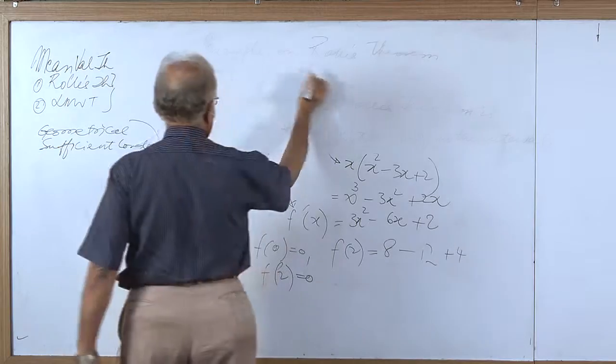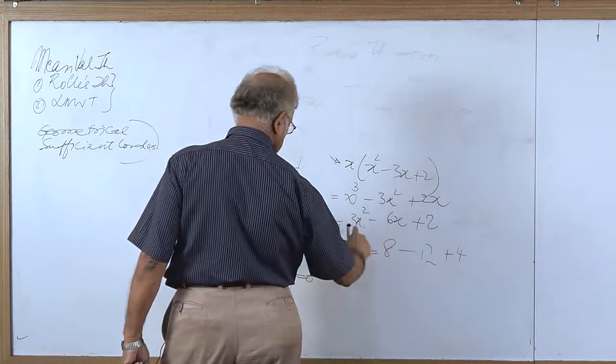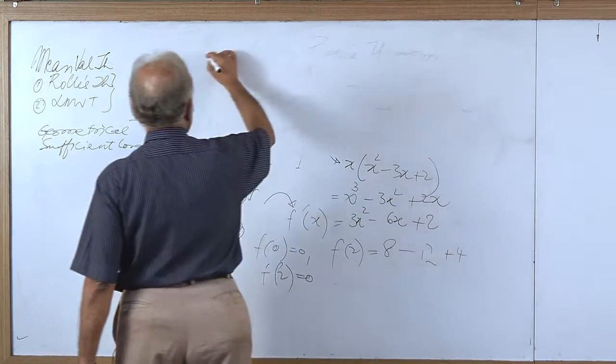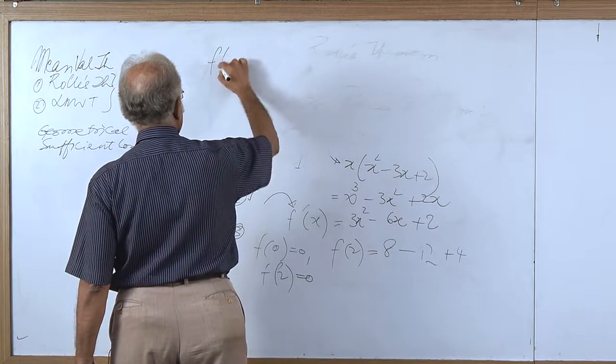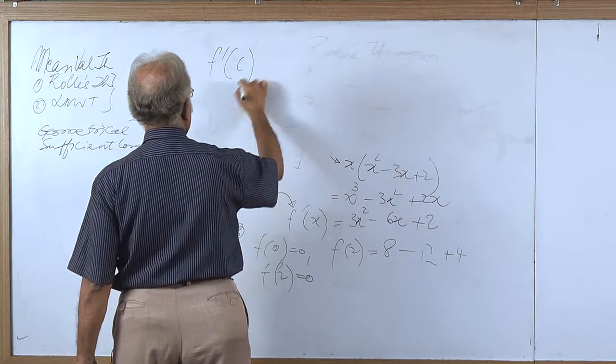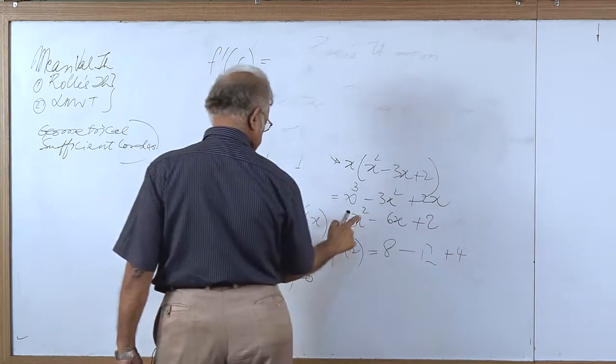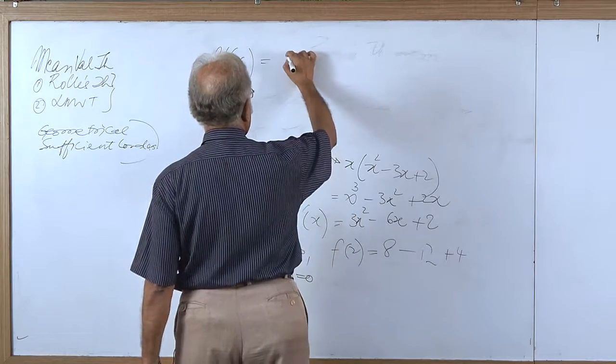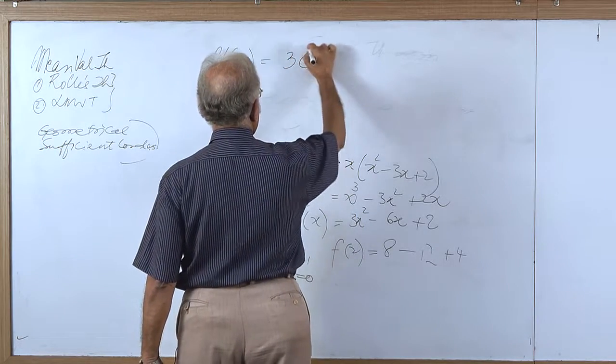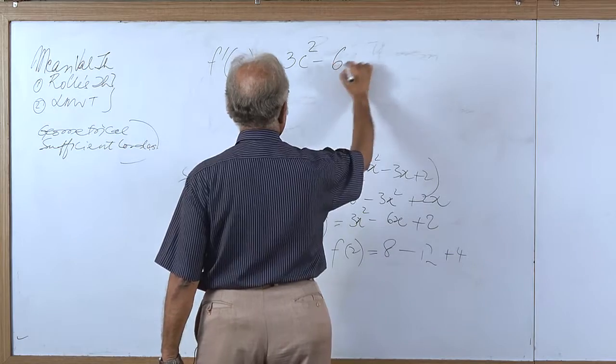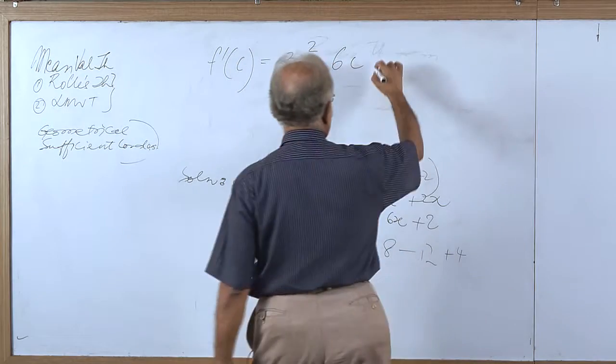So we just have to focus on this equation. For f'(c) to be equal to 0, we must have f'(c), which is 3c² − 6c + 2, equal to 0.